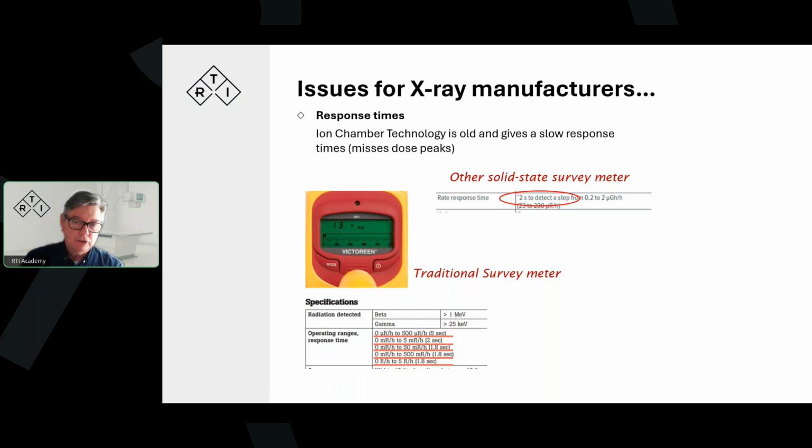We have other solid state survey meters that have from 2 up to 8 or 10 second response time, which may be okay if you're looking for a geographical survey.